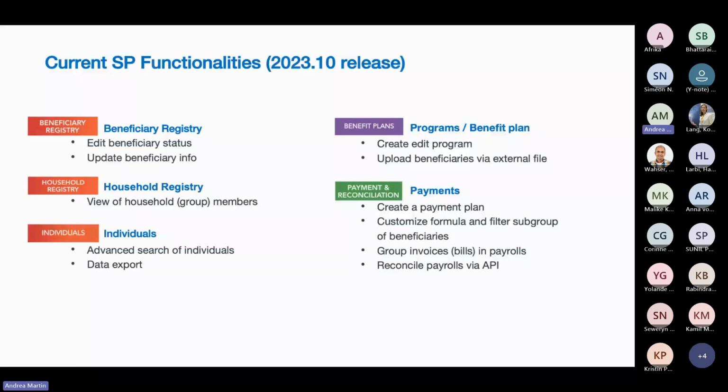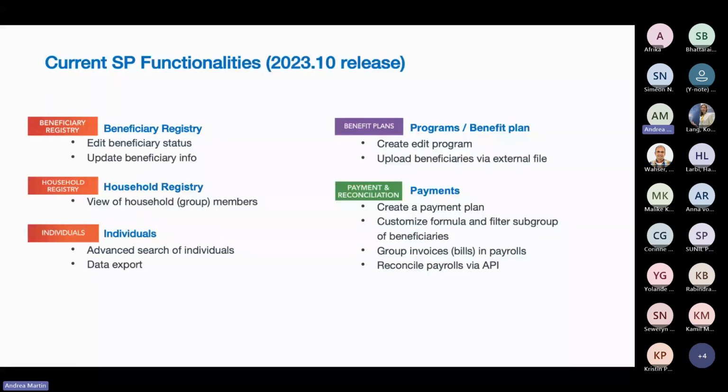It's rather someone is registered, and then the program manager, which can be the government or an agency, sends money or goods or services to those specific individuals that have been registered.